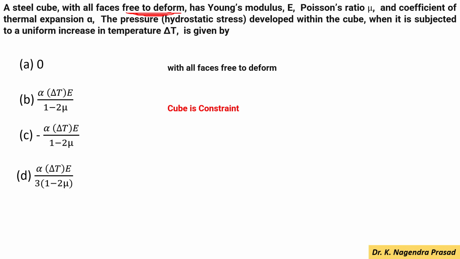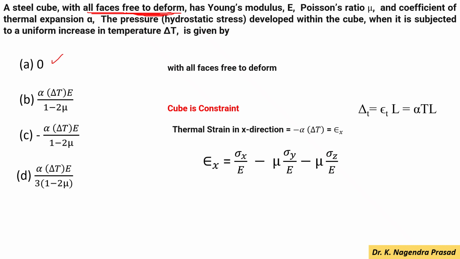So the option 0 applies only if all faces are free to deform, but here the cube is constrained. Then we know that when the deformation is alpha delta T L, the thermal strain in the x direction is minus alpha into delta T, that is epsilon x in the x direction.